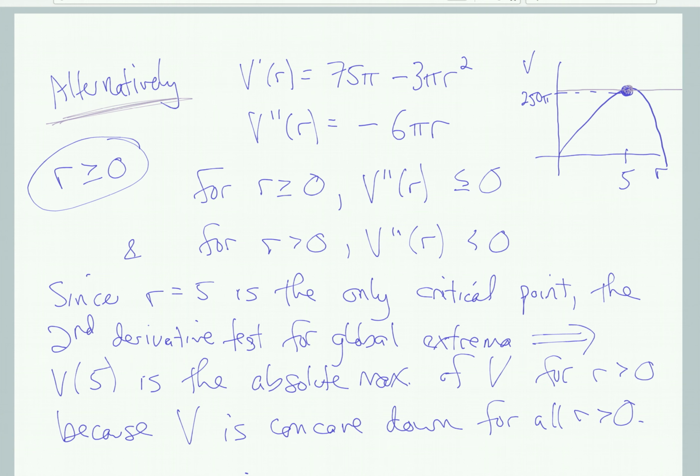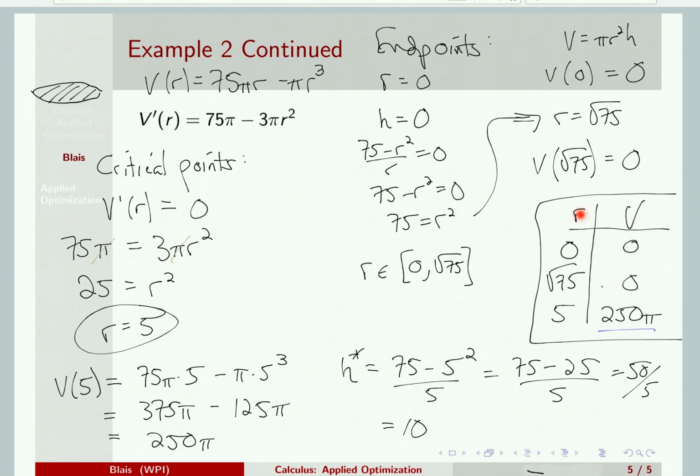You have to find the critical points in either case, but you have to make an argument that you found an absolute maximum by either making some kind of second derivative argument, or, like we did here, maximizing your function on a closed interval where that closed interval represents the natural range of values, or the natural domain of values, I should say, for the independent variable.